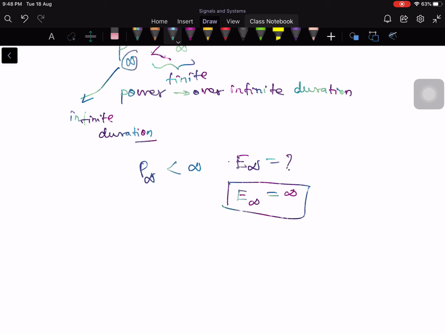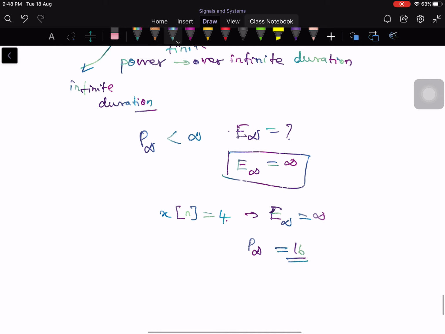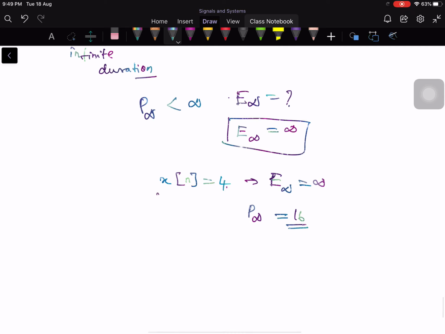So for example, you take a constant signal x of n equal to 4, which has infinite energy. But if you find out P infinity, then it is going to be 16. So this is the second classification. You can simply work it out. It's not a big deal.